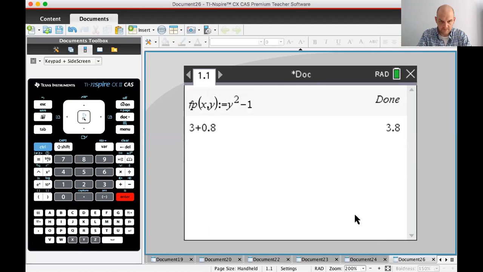Now I need to do 0.1 times y squared minus 1, so that's 3.8 squared minus 1. Did I forget to subtract 1? No, I did not. Okay, so 1.3. I'm writing down 0.1, 3.8 squared minus 1, and that equals 1.344.